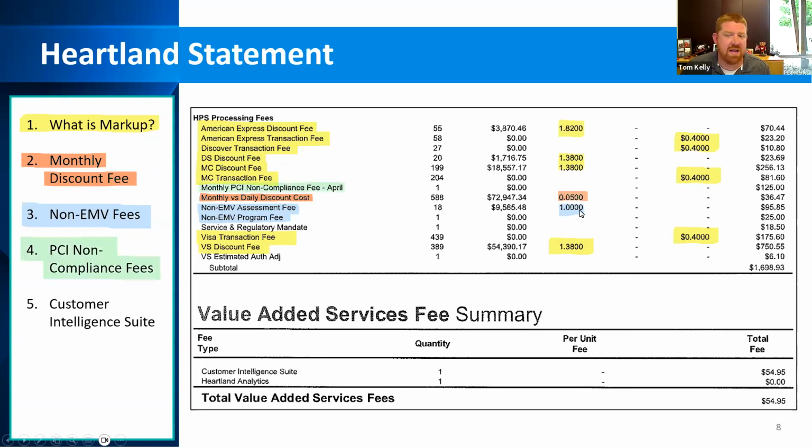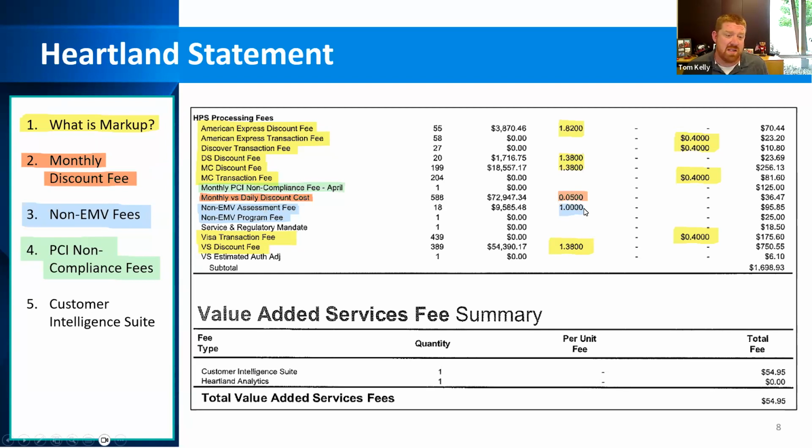And then they're going to add an additional 1% markup to any volume that the card was not present. Now, when the card is not present, it is about 0.3 to 0.4% more, but that is within interchange rates. So this again is on top of the interchange rates. This is just an additional markup that they're charging.